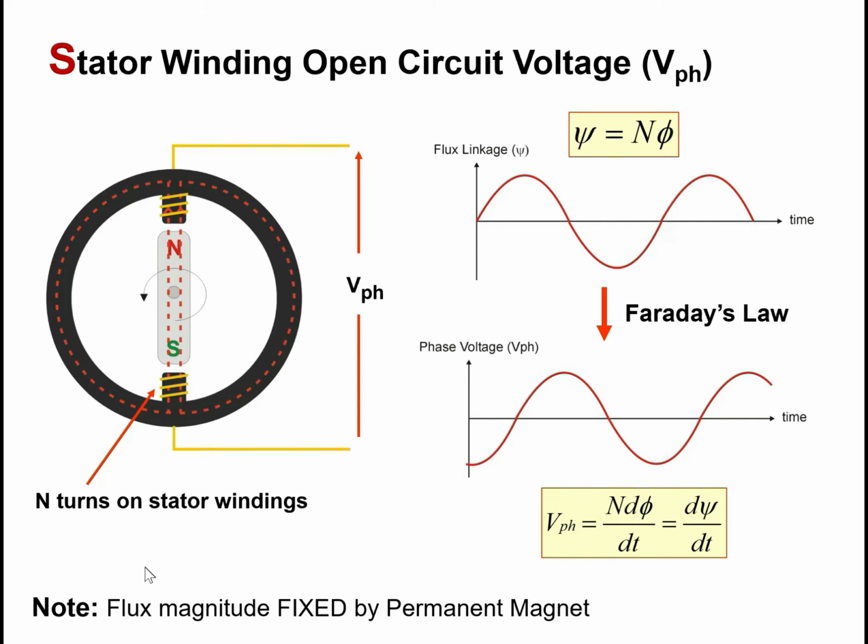Also, it is important to note that the flux magnitude is fixed by the permanent magnet. And as we can see over here, the change in the flux is related to N, the number of turns. So the voltage that is produced across the stator is affected by the number of turns as well as the rate of change of the flux over time.